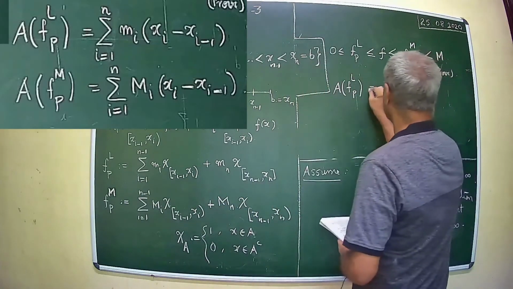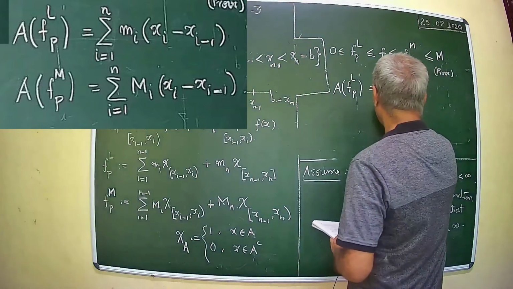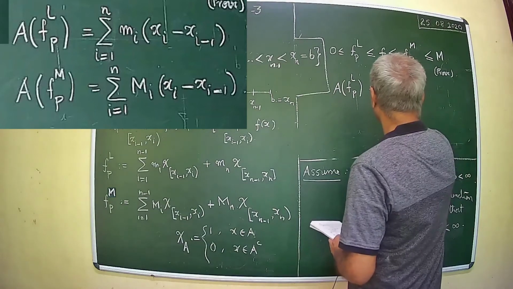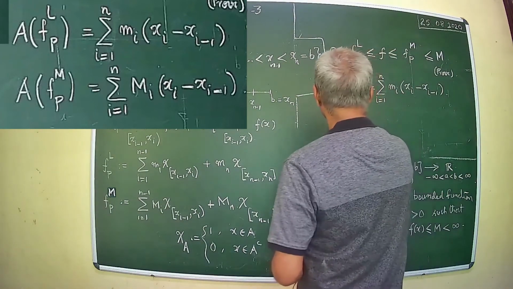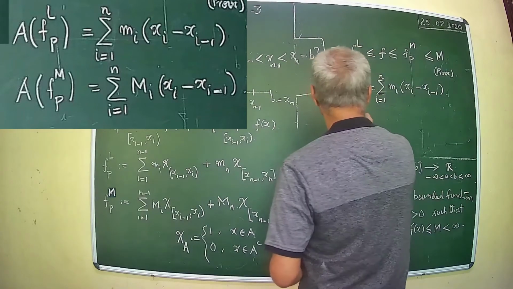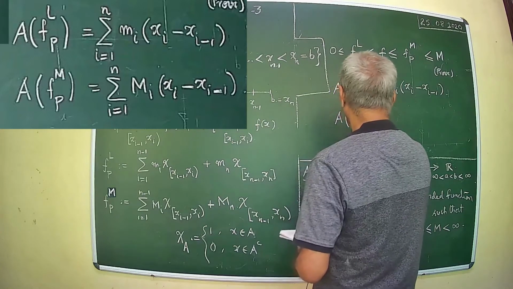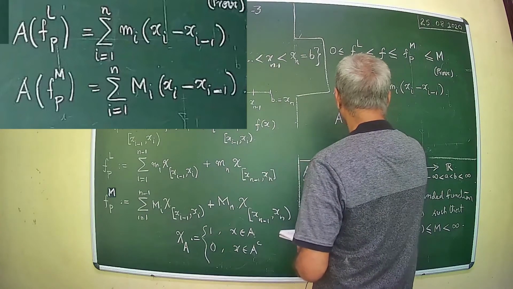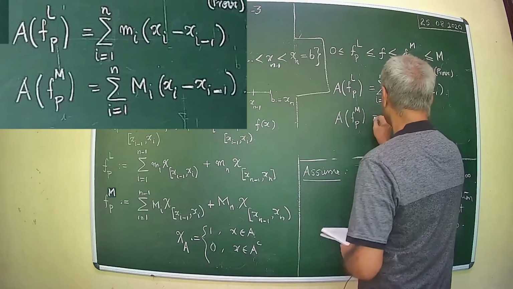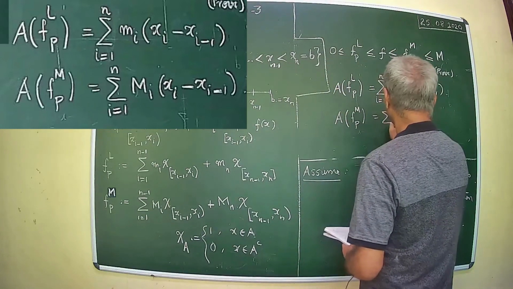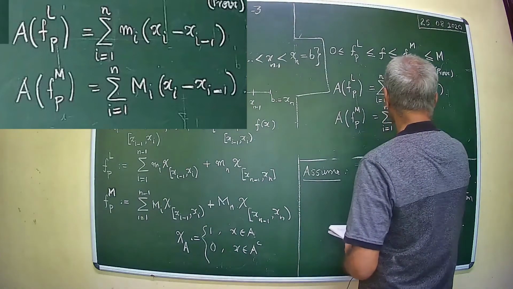So I write this as sigma i equal to 1 to n small m_i, and similarly the area enclosed between the curve F P M and the x-axis computes to be equal to sigma i equal to 1 to n capital M_i.